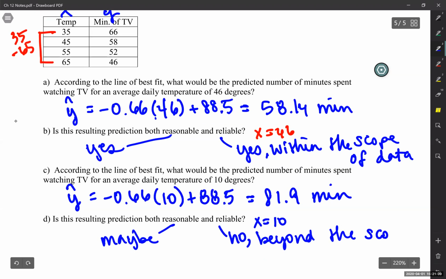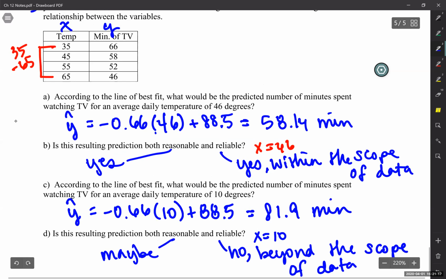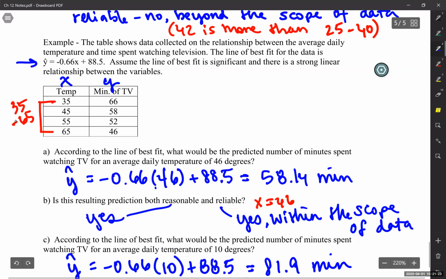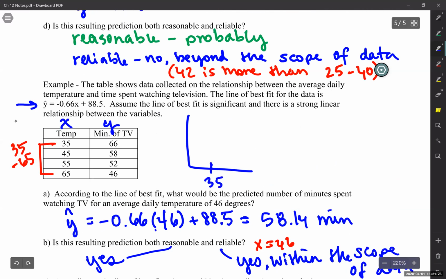Maybe this one will be a little easier to understand because it's a lot farther away. But if I think about how much TV I'm going to watch, if it is 35 degrees and you're watching 60 minutes of TV, and the warmer it gets outside, a little bit less.